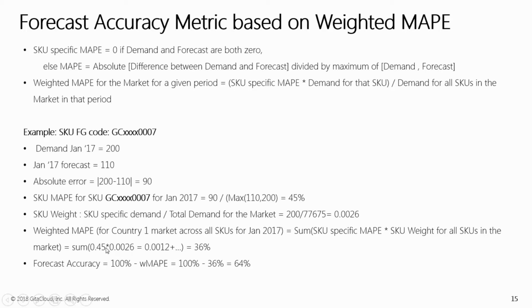For the next SKU, we get the MAP like that, and then we calculate the weight, and then we continue. So that's how we get the weighted MAP. Note that this is the forecast error, so our accuracy is 100 minus that. In this case, this forecasting method has come up with an accuracy of 64%.